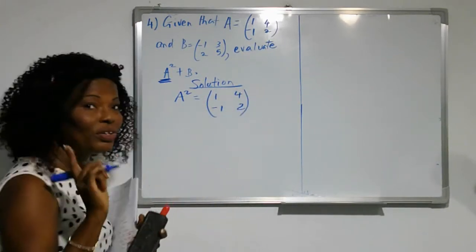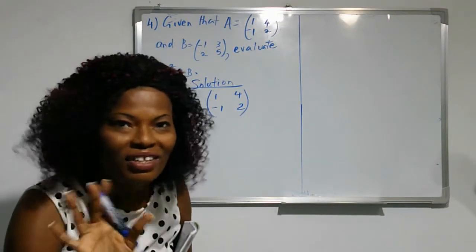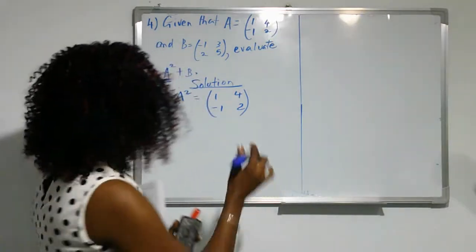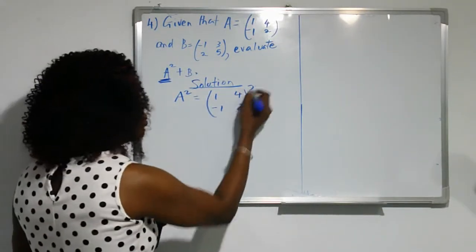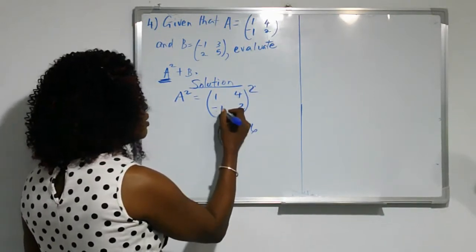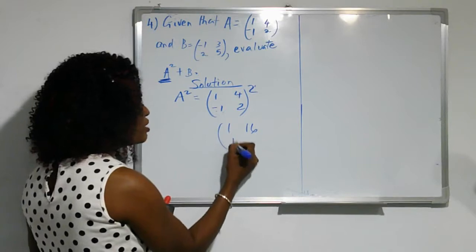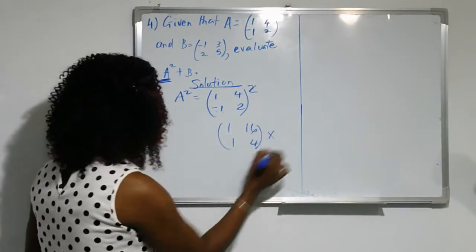Now, please do not do this. Did you hear what I said? Do not do this. Don't do that. Do not say 1 squared is 1, 4 squared is 16, negative 1 times negative 1 is positive 1, and 2 squared is 4. Don't do that. That is wrong.